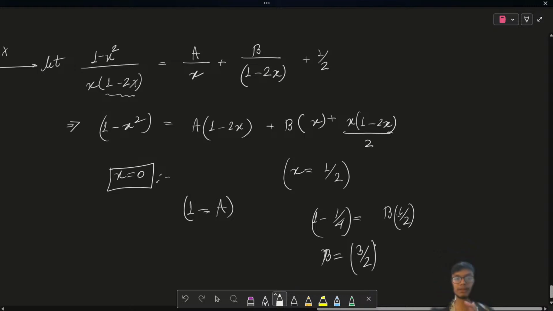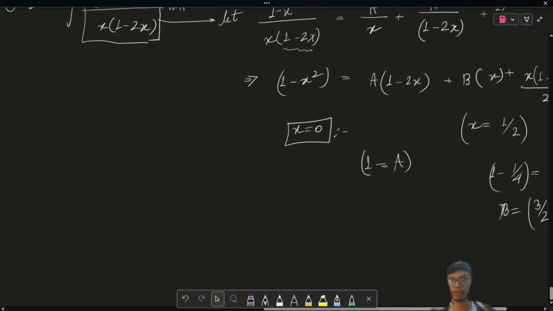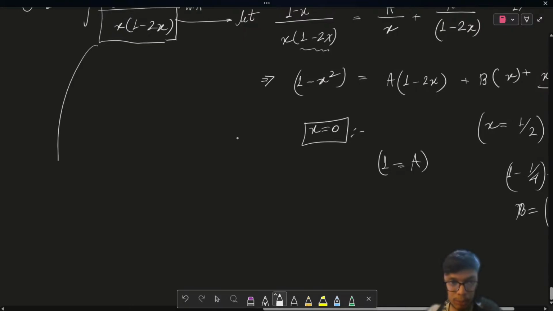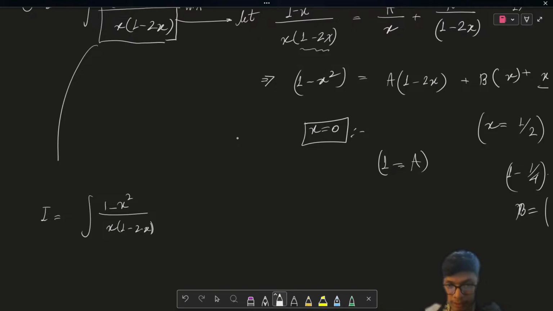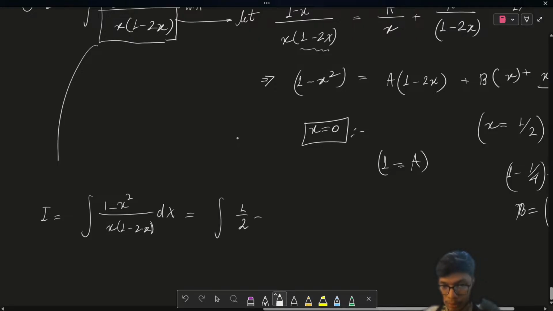So therefore I can split this entire partial fraction, so the integral of 1 minus x square divided by x into 1 minus 2x dx will now become the integral of 1 upon 2 plus 1 upon x plus 3 upon 2 times 1 minus 2x, right?